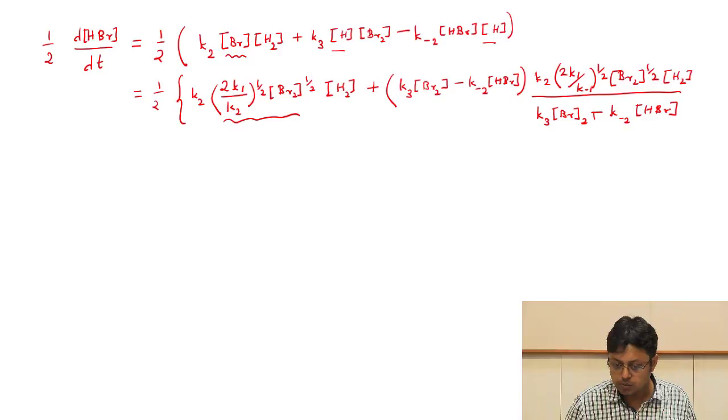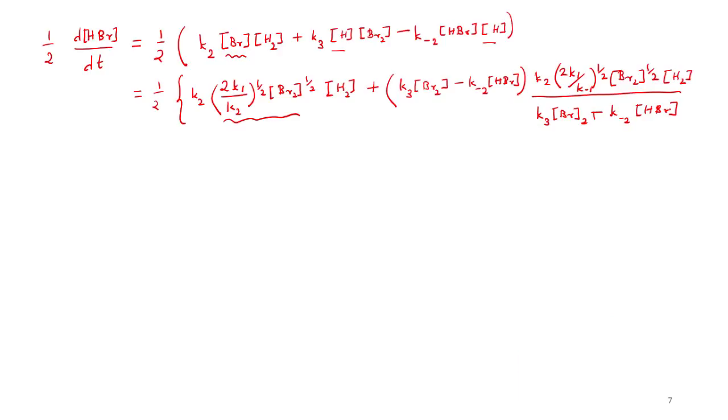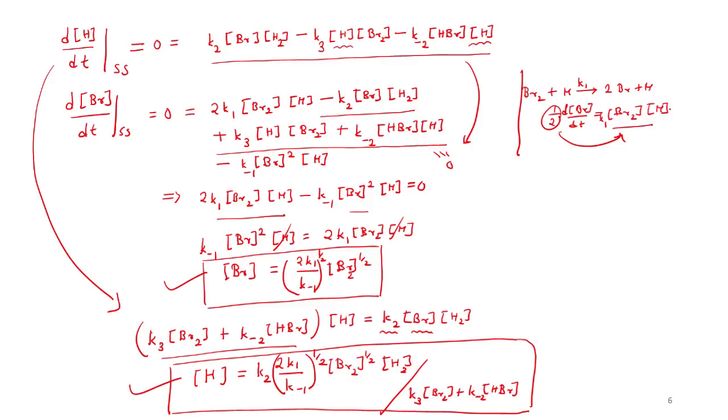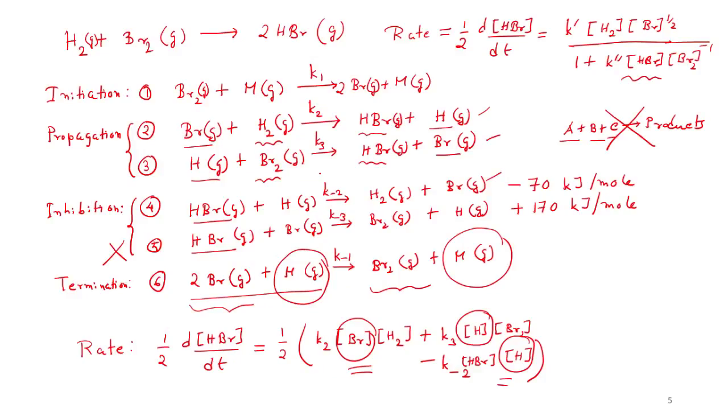Alright, let us go back and check the equations. For the bromine steady state equation, if you remember the last step, step number 6, there actually 2 bromine atoms are generated.